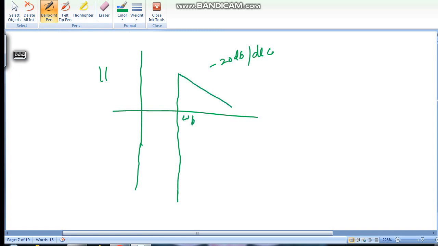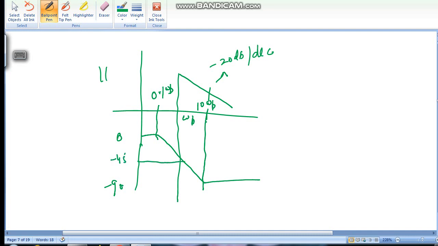From here it is going minus 20 dB per decade, and how will the phase go down? So this is 0.1 omega p, and this frequency is 10 omega p. So this is 0, then this is minus 90 degree, and at omega p it is minus 45 degree, and this axis is omega, and this is phase.